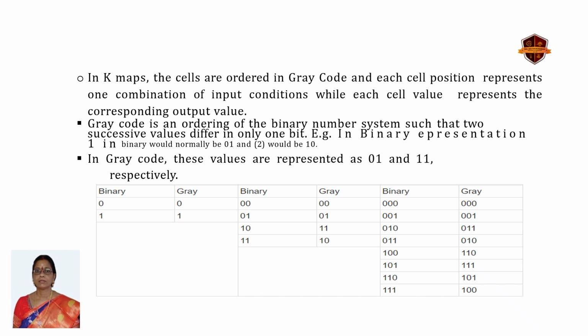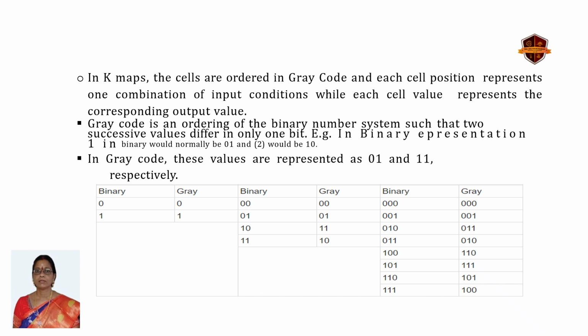What is the difference between these two? When you see in binary 0, 1 and 1, 0, both the positions changed. 1 is changed to 0 and 0 is changed to 1. Whereas in gray code, 0, 1 represents 1 and 1, 1 represents 2, in which only one position is changed and the other position remains the same as 1.